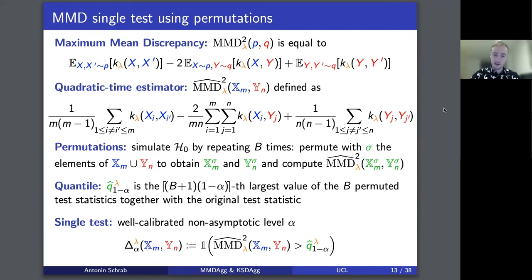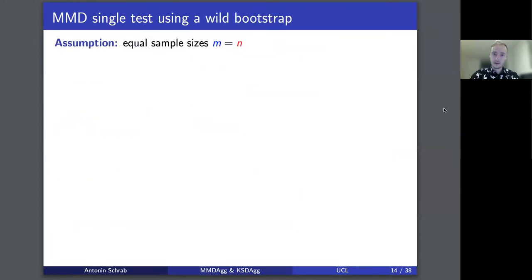We have some well-calibrated non-asymptotic level, as I've said, and the test is defined as rejecting the null hypothesis if our MMD estimate is greater than the quantile we've estimated. And so this was using permutation.